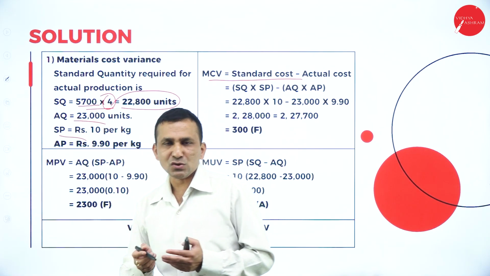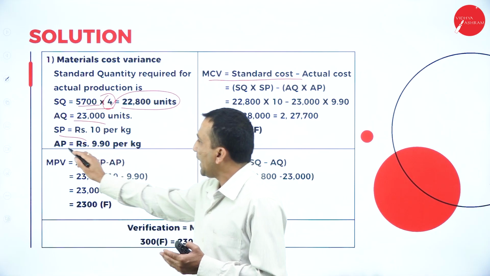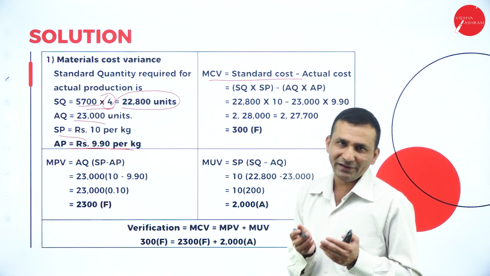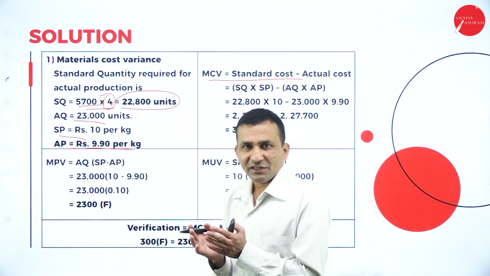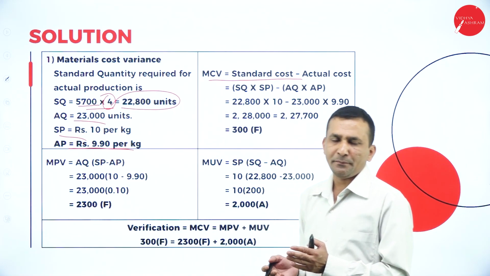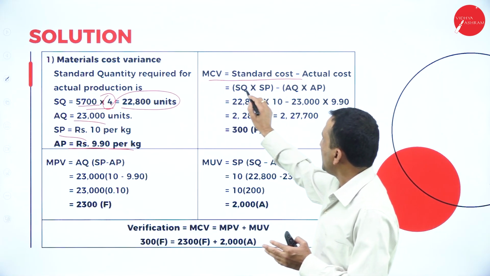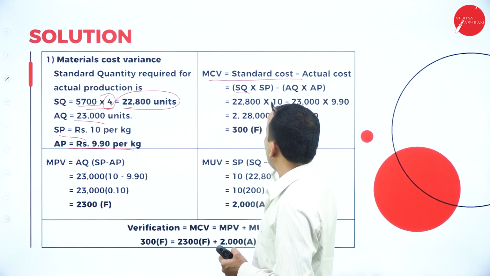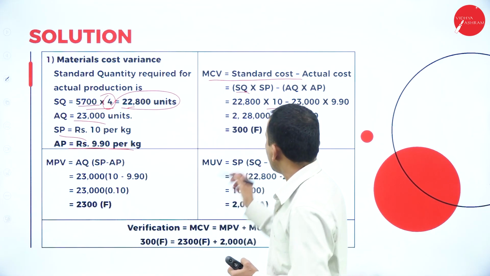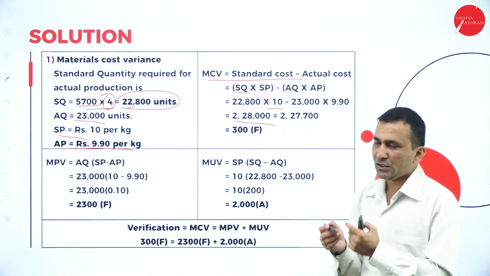The standard price is also given, 10 rupees, and the actual price is 9.90 per kg. Once we have that information, we go for the material cost variance. The standard quantity we got is 22,800, multiplied by the standard price of 10 rupees. Now we get 2,28,000.